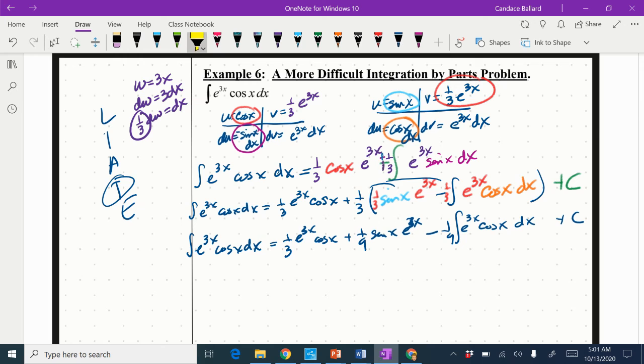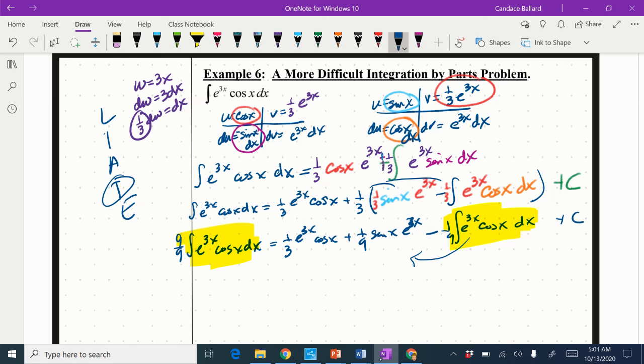So I want you to look at this and this. Other than the coefficient in front, those are like terms. And we know with like terms, we can combine them together. So I'm going to combine them together, but I need the coefficient in front. So I'm going to write the coefficient here as 9/9. So I'm going to add this to the other side.